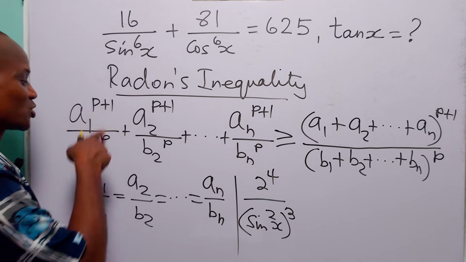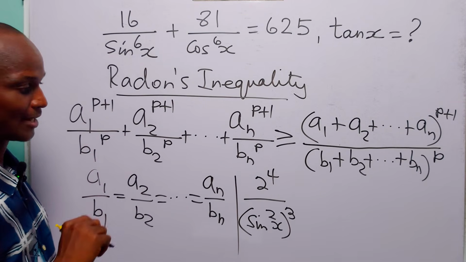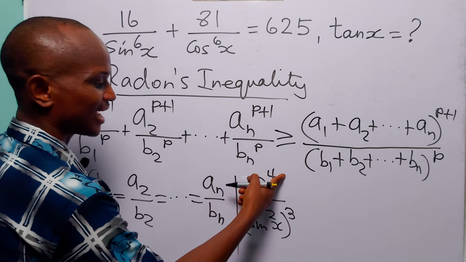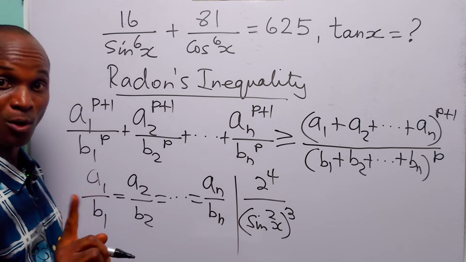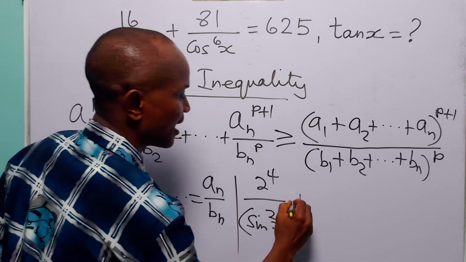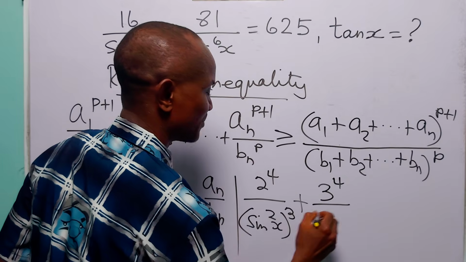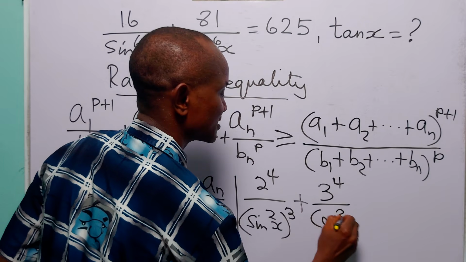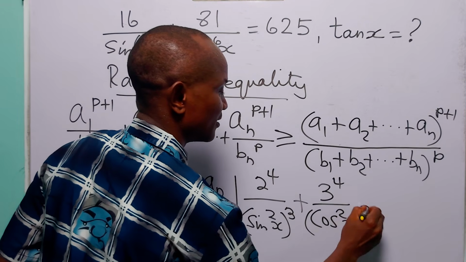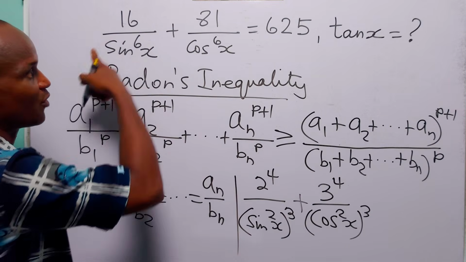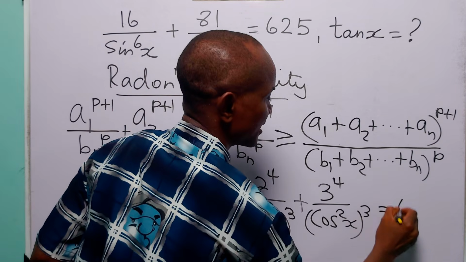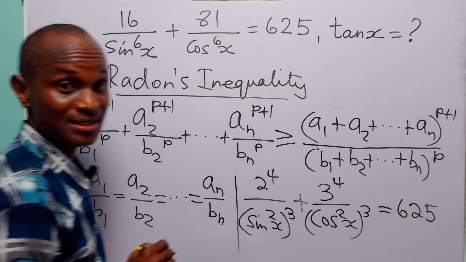You can see that p plus 1 minus p is equal to 1. Now, in this case, you can see that 4 minus 3 is equal to 1. Then, of course, we have 81, which is 3 to the fourth power, divided by cos squared x to the third power. And from the equation, we have that this is equal to 625.